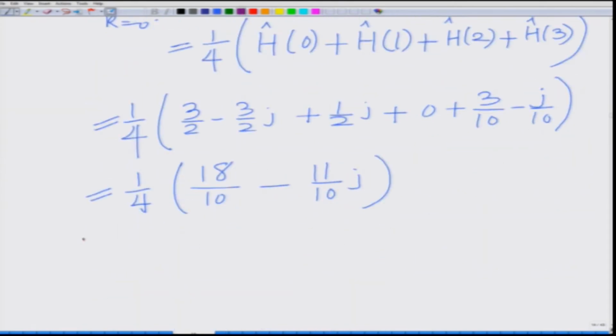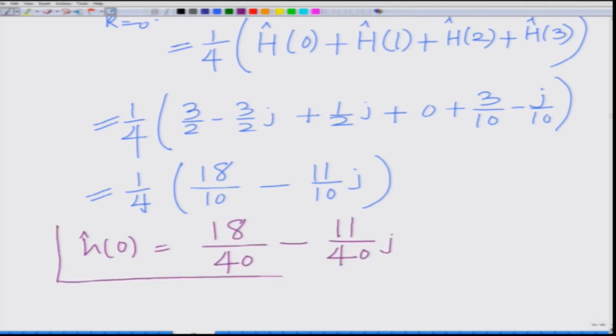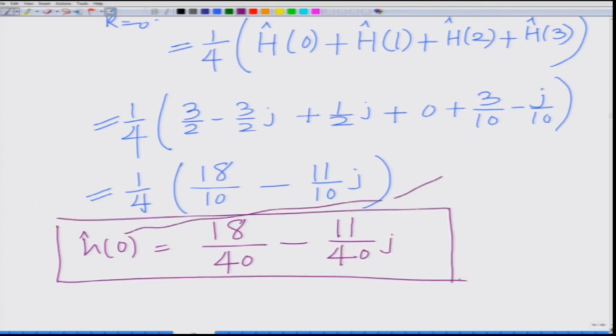Therefore, you can say h hat 0 equals 18 by 40 minus 11 by 40 j. I think this is the estimate of channel tap H 0.